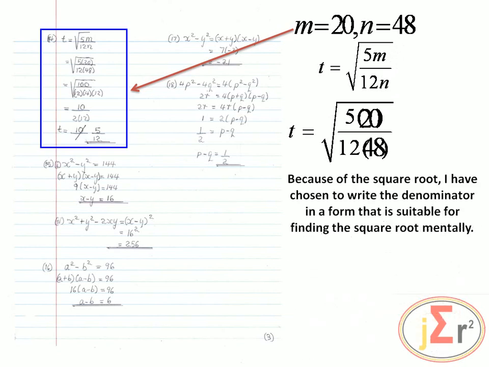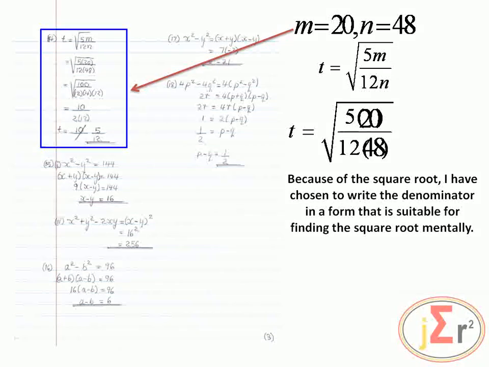Because of the square root, I have chosen to rewrite the denominator in a form that is suitable for finding the square root mentally. Therefore, I am making use of the fact that we have to find the square root in the end.